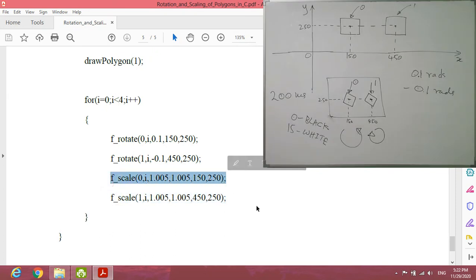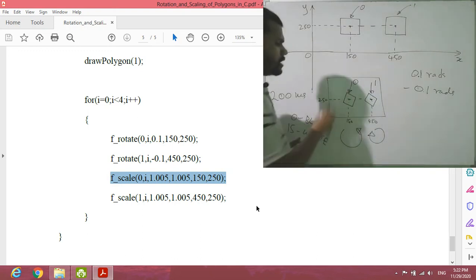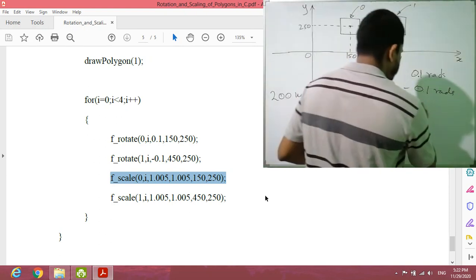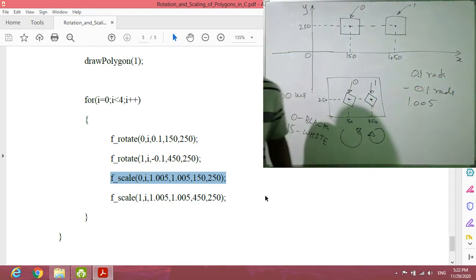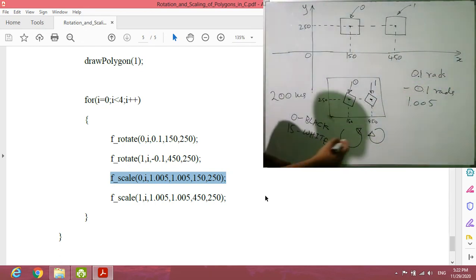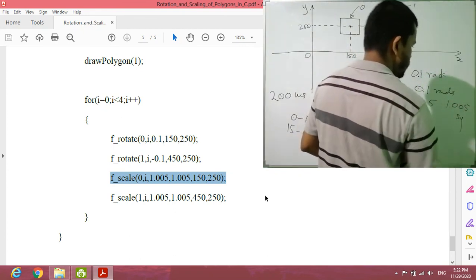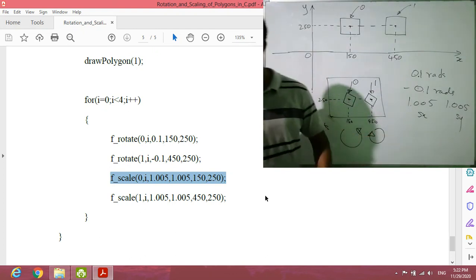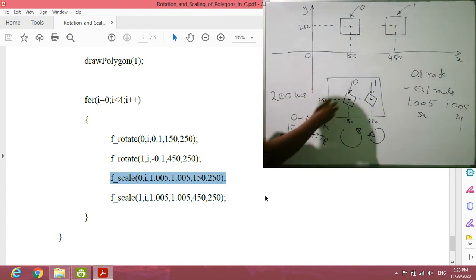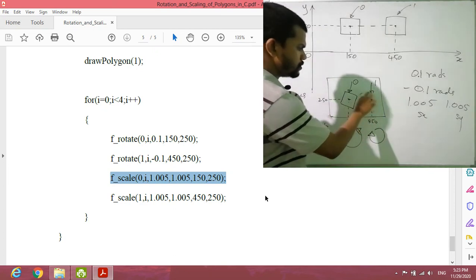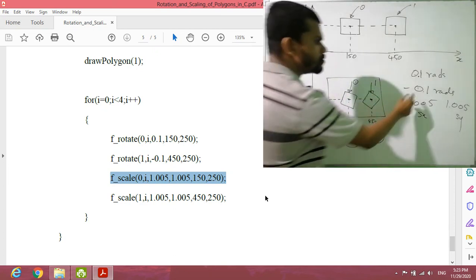If you scale, then this is not only rotated but also scaled by a scaling factor of 1.005. For both Sx and Sy, the same value is used. So this will be a little bit enlarged, because it is 1 point something.